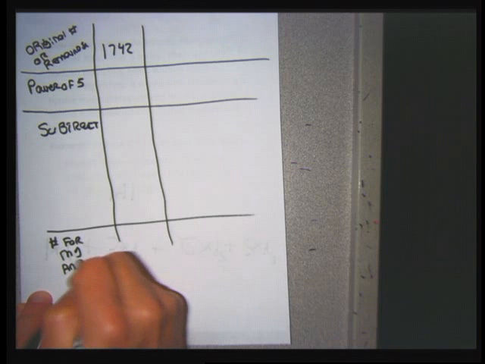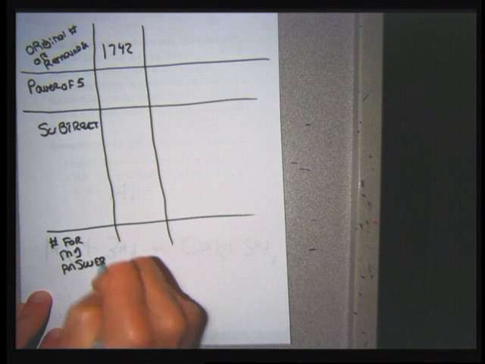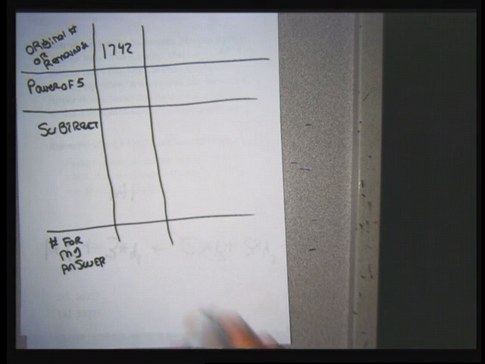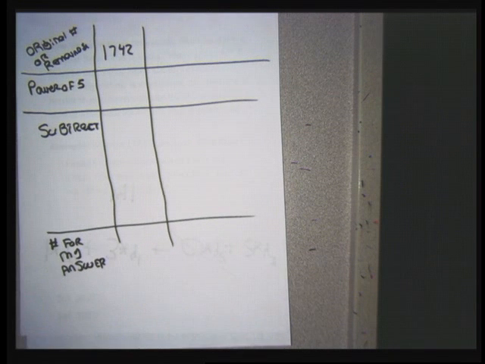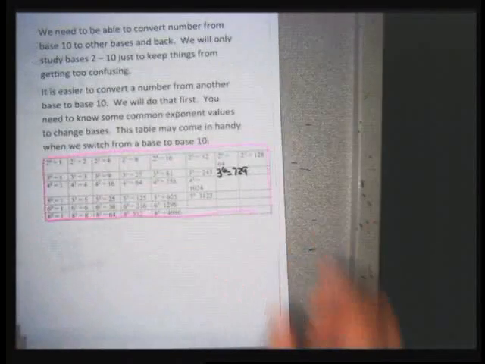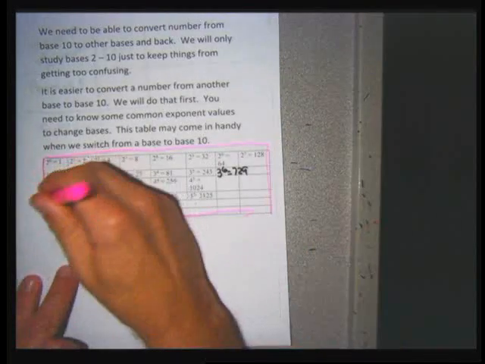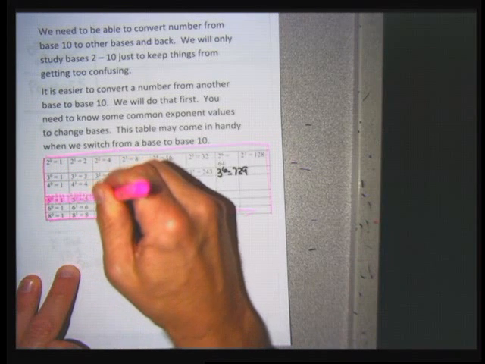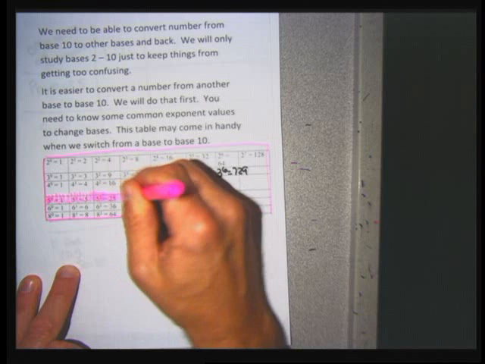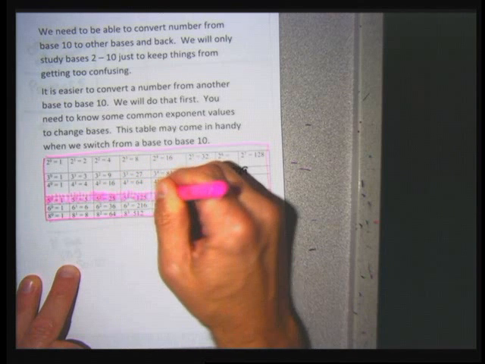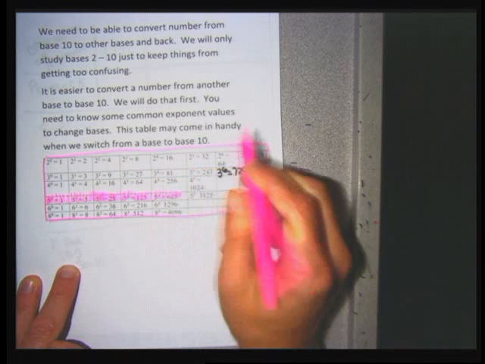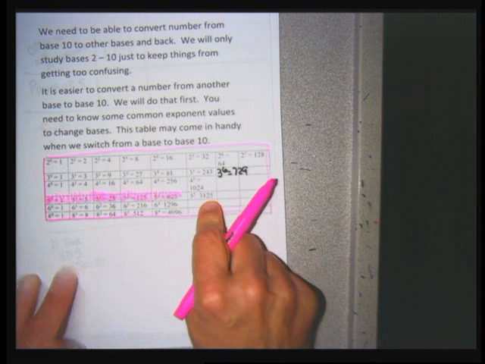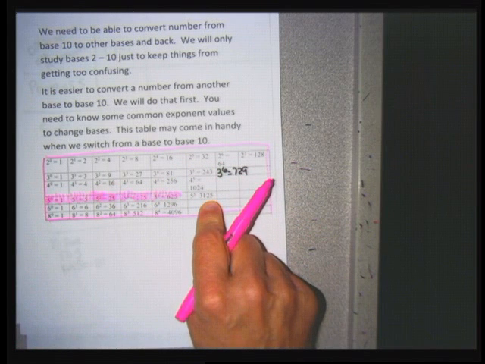So to convert from 1742 base 10 to base 5, I need to know powers of 5. And very specifically, I need to know every power of 5 that's less than 1742. If I look at my powers of 5, I have 5 to the 0, which is 1, 5 to the 1, which is 5, 5 squared, which is 25, 5 to the 4th, which is 625, and then 5 to the 5th, which is 3125.